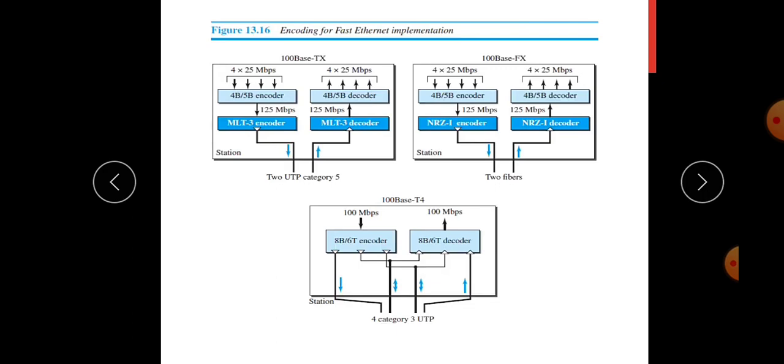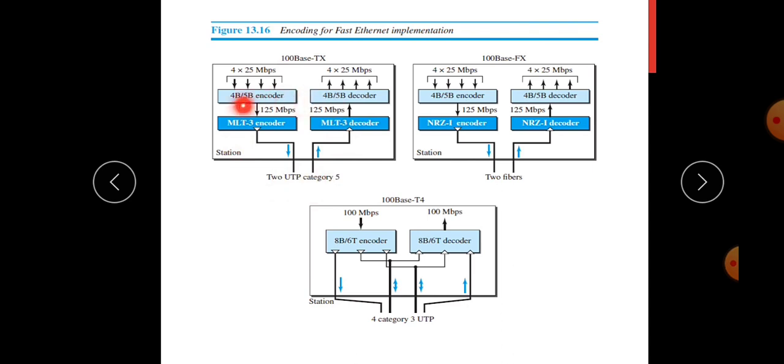Manchester encoding needs a 200 megabaud bandwidth for the data rate of 100 Mbps, which makes it unsuitable for mediums such as twisted pair cable. For this reason, the Fast Ethernet designers sought alternate encoding and decoding schemes. 100BASE-TX uses two pairs of twisted pair cables.